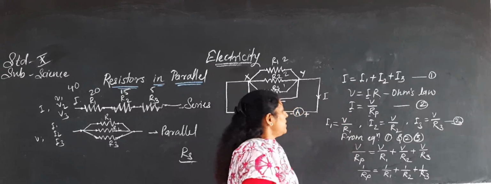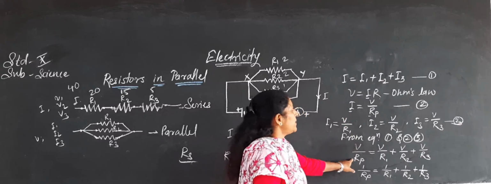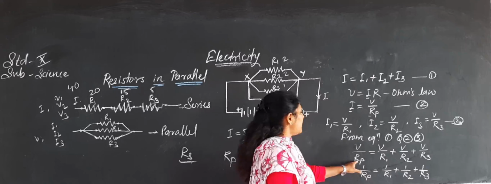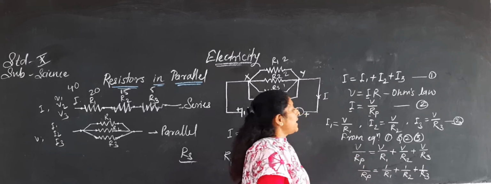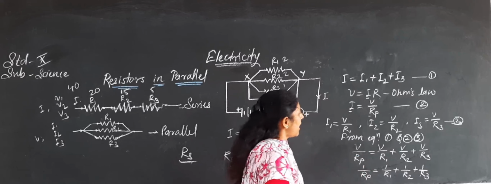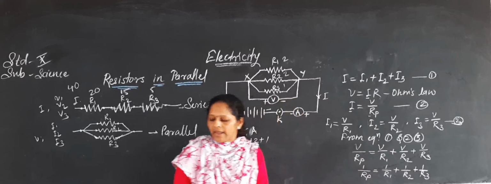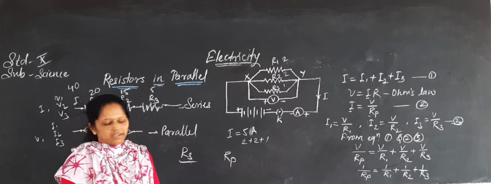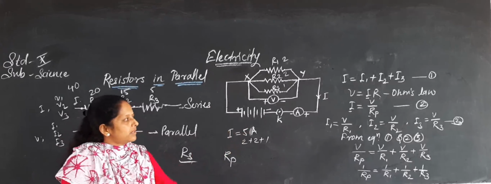V is the common one. So V divided by Rp is equal to V divided by R1 plus V divided by R2 plus V divided by R3, on applying Ohm's law to each resistor.